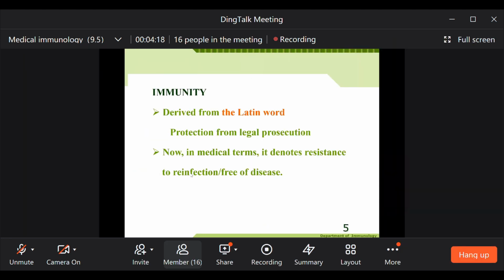What is the relationship between the prosecution and the disease? We can imagine that if somebody does not have this protection, which means exemption from suffering.